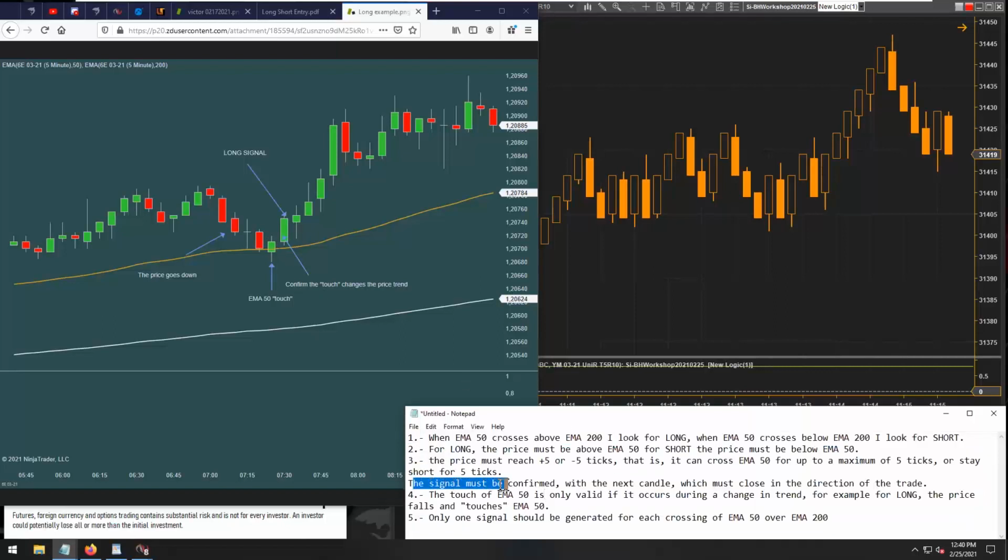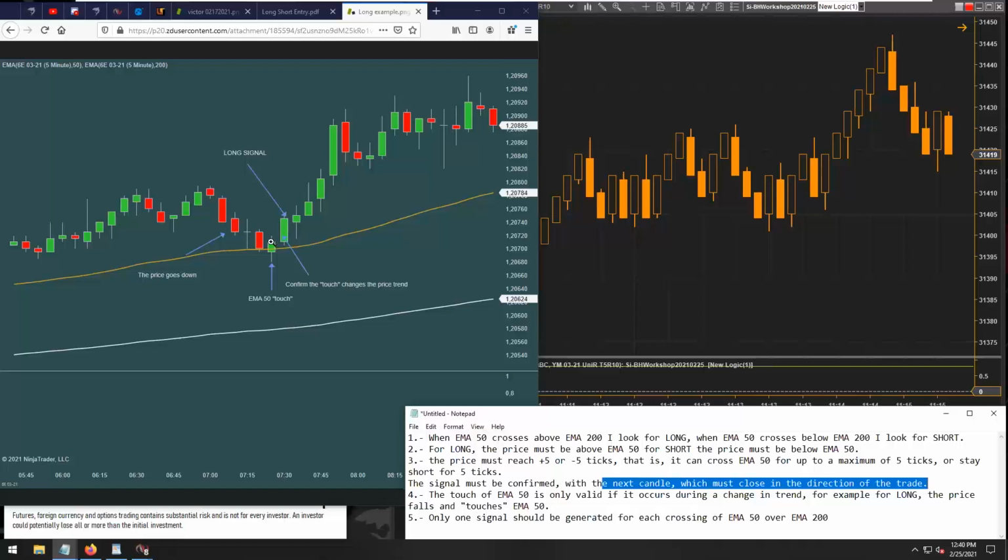So all we're looking for is just a signal, or the signal is confirmed, on the next candle, which just needs to close in the right direction. So this red candle basically gets within our 5 ticks of this moving average, and then the green bar, right, that's the next bar, pointed in an up direction, in the right direction for the signal.